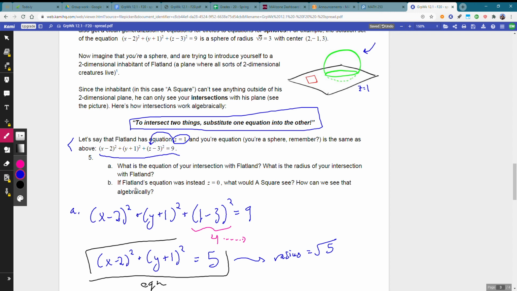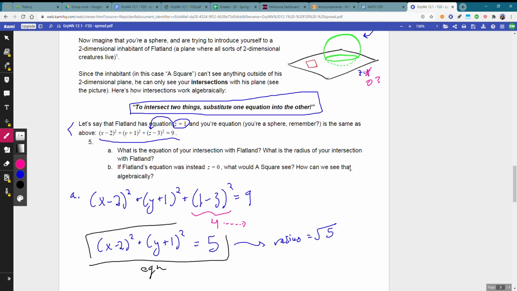All right, part B here asks, well, what if instead of z equals 1, what if the equation was z equals 0? What would a square see? And actually, well, once we know that our sphere has radius 3, and it's centered at the z at 3, well, if it's moving down 3 to flatland, we're only going to see the very bottom tip of our sphere intersecting with flatland, and so we should only see a point.